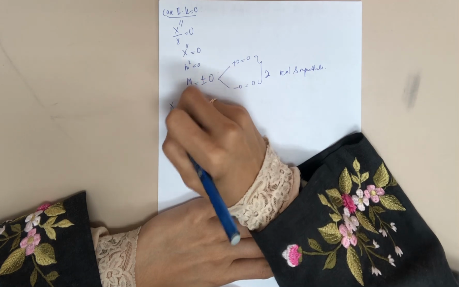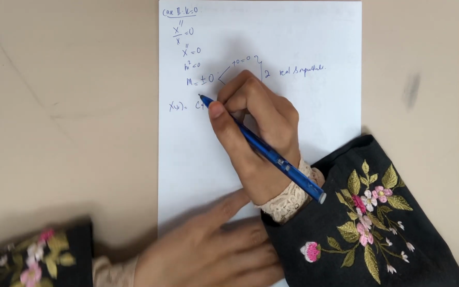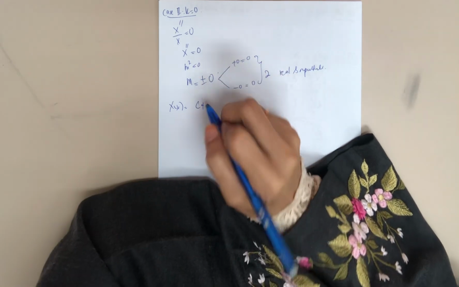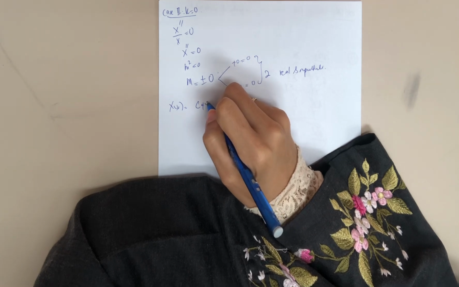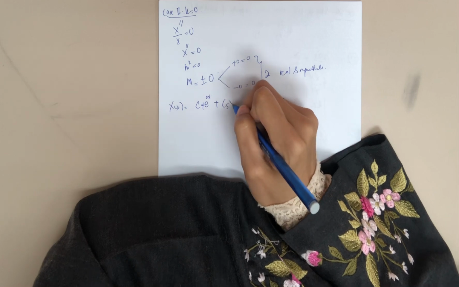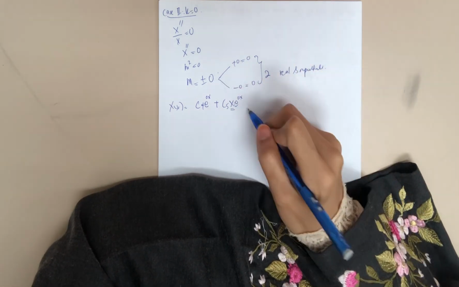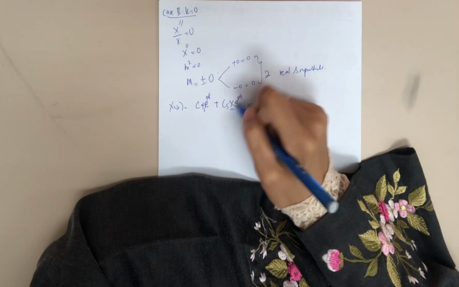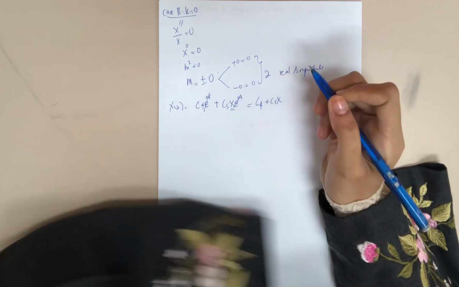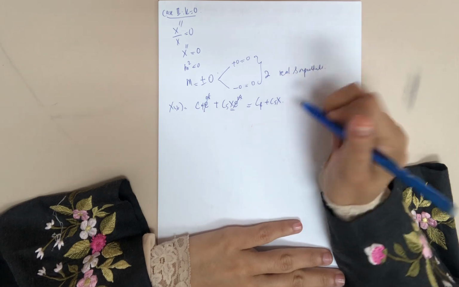So therefore, your equation here is C4 e^(0x) plus C5 x e^(0x). So they have x here. Then you simplify: we know that e to the power of 0 is 1. So you are left with C4 plus C5x. So this is your x equation.